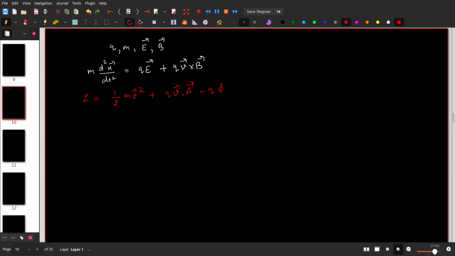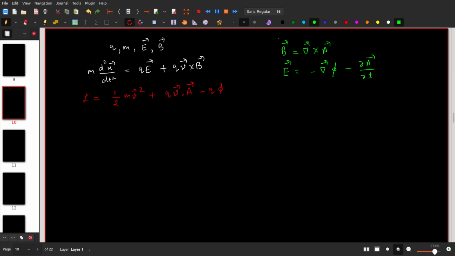The relation between the vector potential and scalar potential with the electric and magnetic field is given by these equations. Magnetic field is the curl of the vector potential, and electric field is minus the gradient of the scalar potential phi, minus, if the vector potential explicitly depends upon time, then ∂A over ∂t.